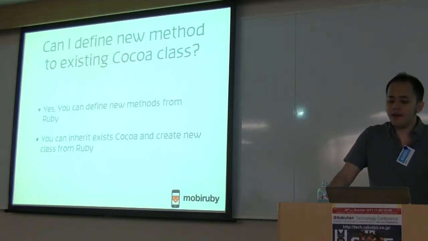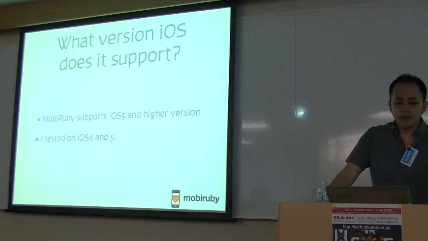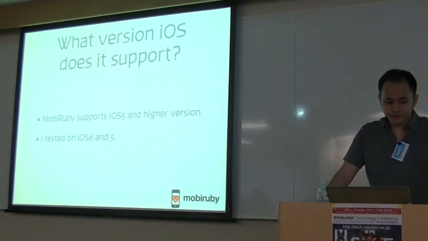MobiRuby can define new methods on Cocoa classes. It's really transparent. And MobiRuby supports iOS 5 and higher, and probably in the next version I will support iOS 6 only. iOS 6 has very good functions for the Cocoa runtime and dynamic capabilities.